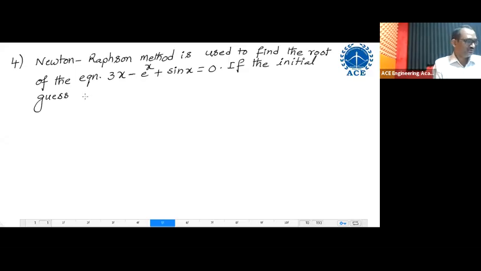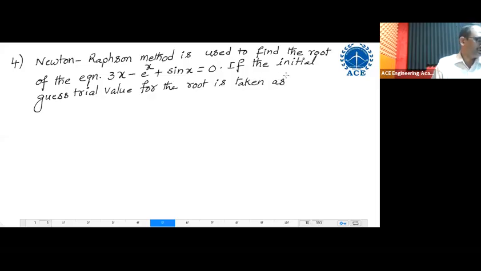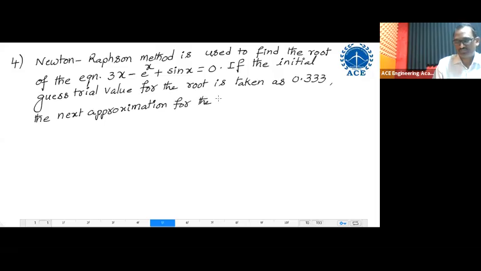If the initial trial value for the root is taken as 0.333, the next approximation for the root would be dash.